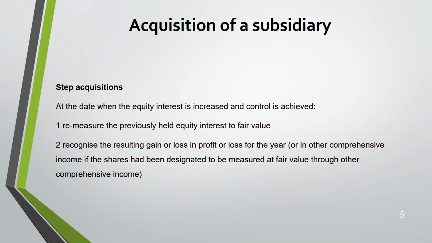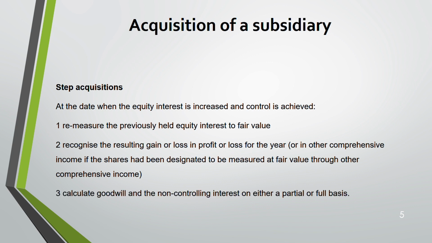If it's a financial instrument and you have designated it fair value through other comprehensive income, then any gain or loss goes through other comprehensive income. This is only for IFRS 9, if you have designated so. Otherwise, all gains and losses go through profit and loss. Third, you need to calculate goodwill. The day you have acquired the control, goodwill needs to be calculated, and also NCI.